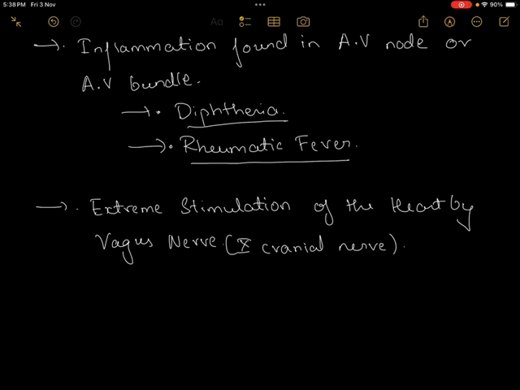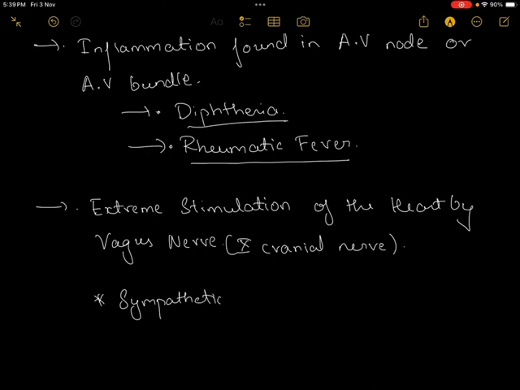It has got a long preganglionic body and a short postganglionic body. Usually we have got two types of ANS system: one is the sympathetic system and the other is the parasympathetic system. So if we talk about the sympathetic system, let me write it down over here.